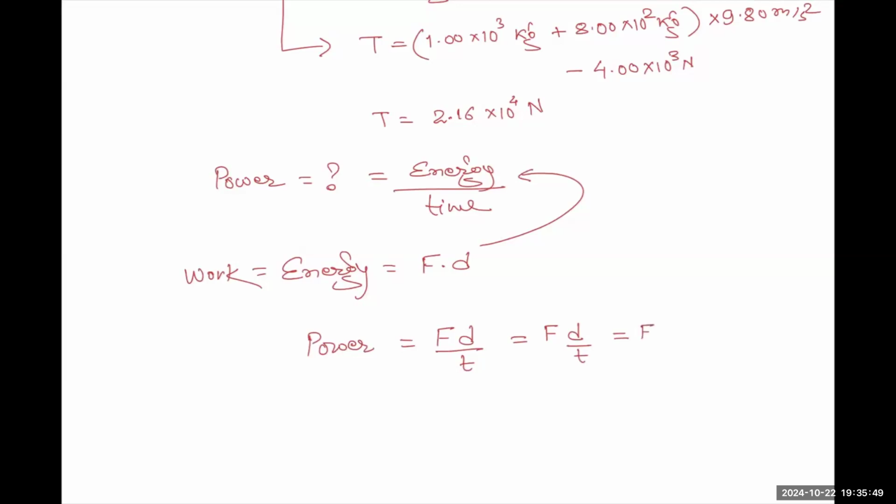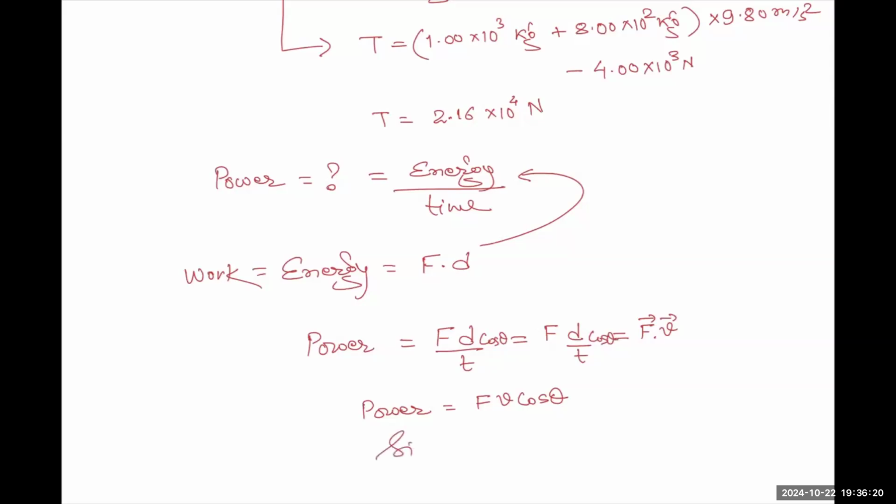So power is force times velocity, right? Because they are both vectors, I can also write this as a dot product of F and V, or we can say power equals F V cos theta, because F dot d is F d cos theta.